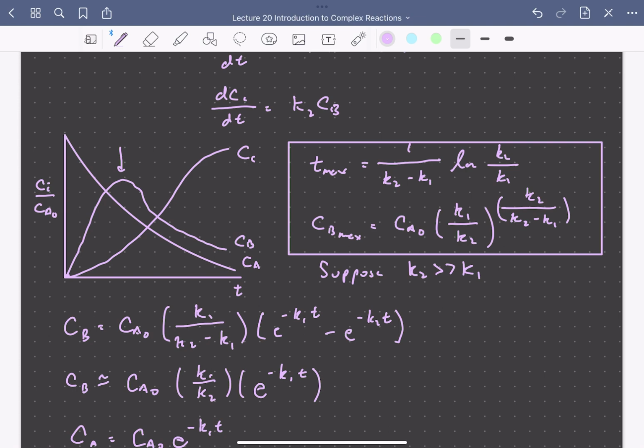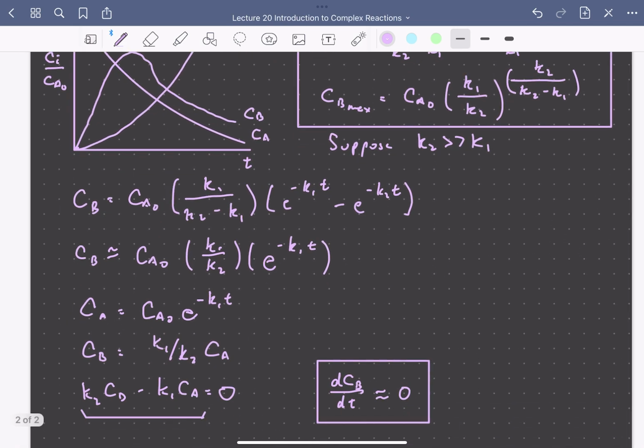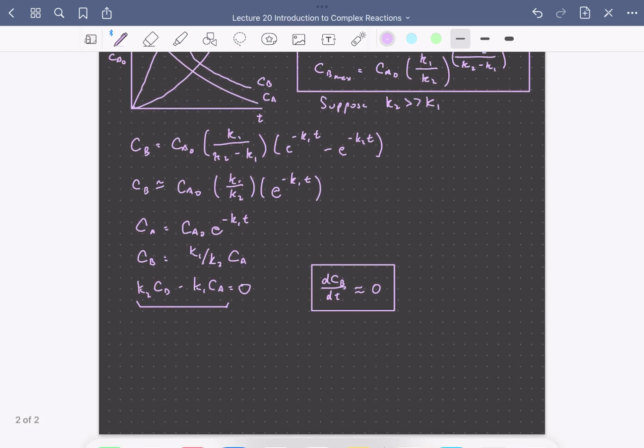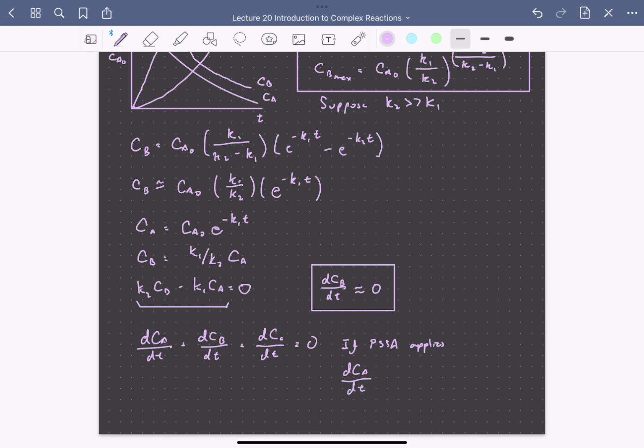Another consequence of this is that from the mole balances we can see that if we just added all the mole balances together, so dCa dt plus dCb dt plus dCc dt equals 0, then if the pseudo-steady state approximation (PSSA) applies, we can write that dCA dt is approximately equal to minus dCC dt.